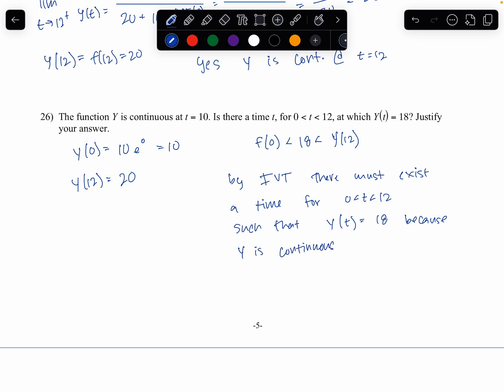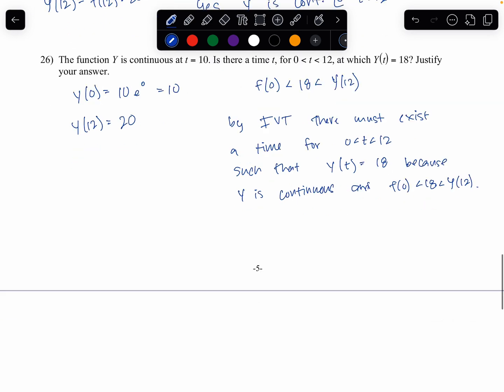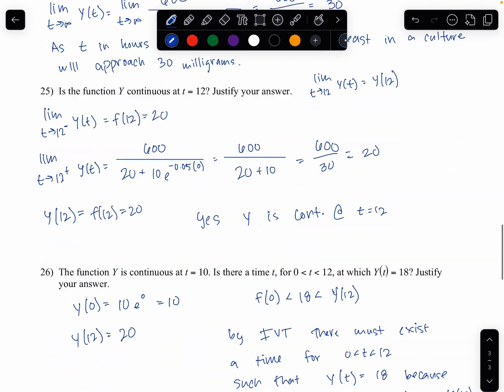Always state the condition, and y of 0 is less than 18 is less than y of 12. That's what I'm going to put for my answer. All right, and that is it for question 3.